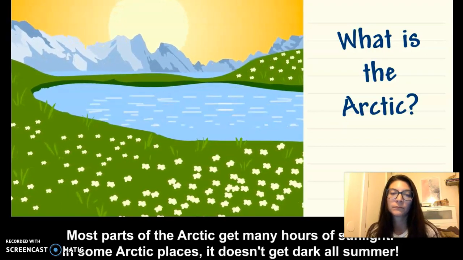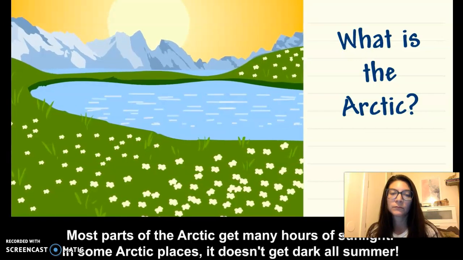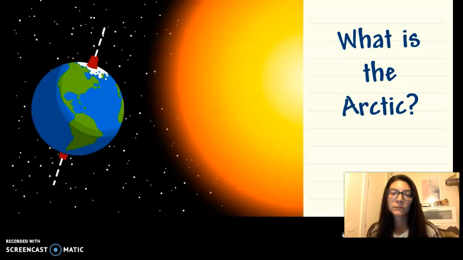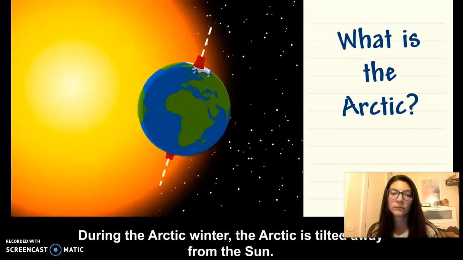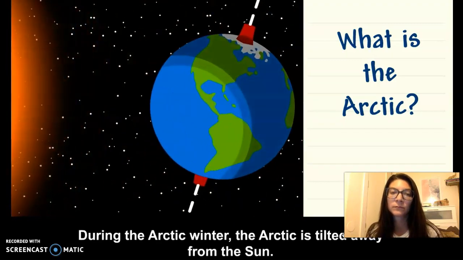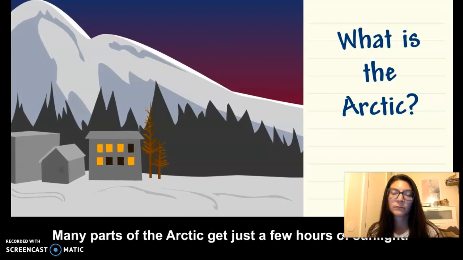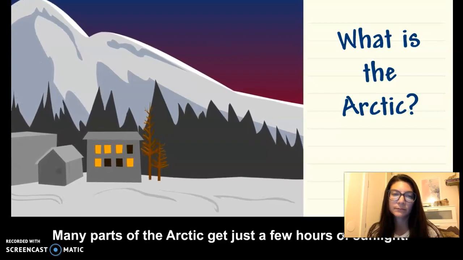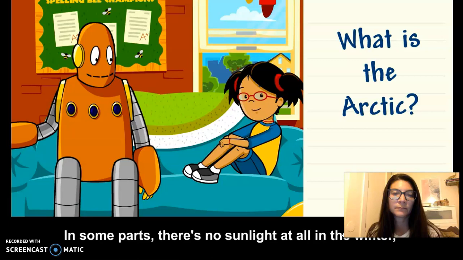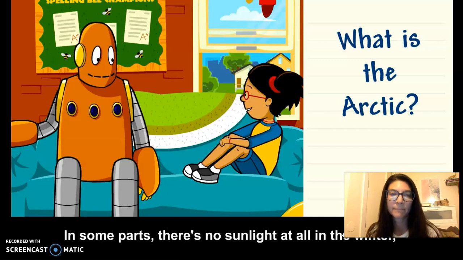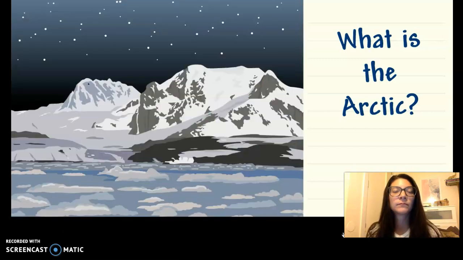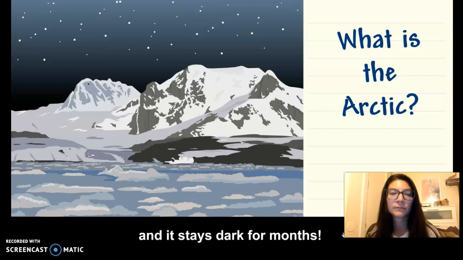In some Arctic places, it doesn't get dark all summer. During the Arctic winter, the Arctic is tilted away from the sun. Many parts of the Arctic get just a few hours of sunlight. In some parts, there's no sunlight at all in the winter, and it stays dark for months.